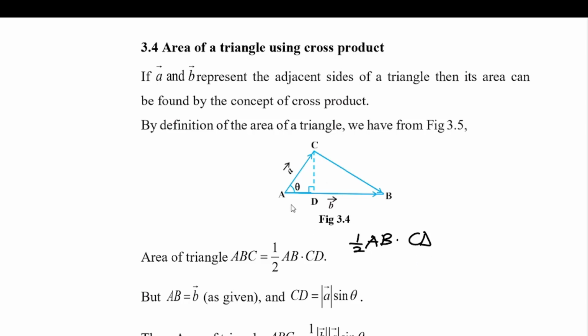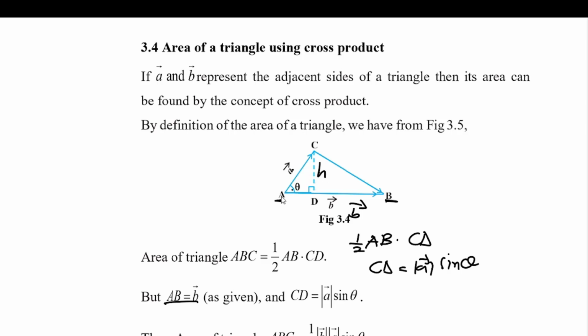But we know that from the figure, the line AB is equal to vector B, and that is what you have here. And also line CD, which is the height of the triangle, equals magnitude of A sine theta. Why? From the concept of Pythagoras theorem, sine theta is opposite over hypotenuse.